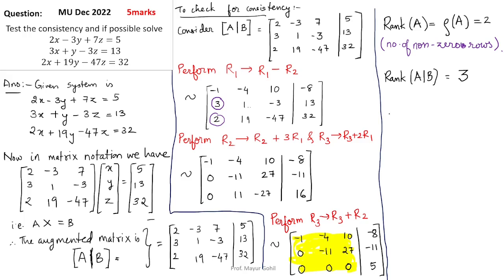Now we can see that rank of A is not equal to rank of AB, hence the system is inconsistent.